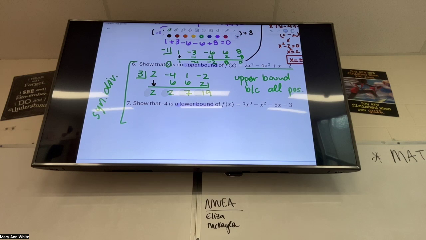When we do a lower bound, we're going to do a very similar idea, but it's going to be a different reason because it's now lower bound. So go ahead and do synthetic division for number 7 and see if you can decide what's different between what we just did and what this one will be.